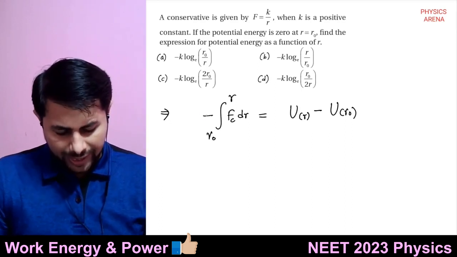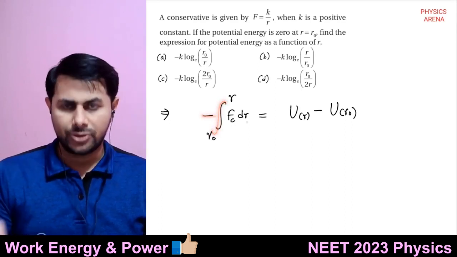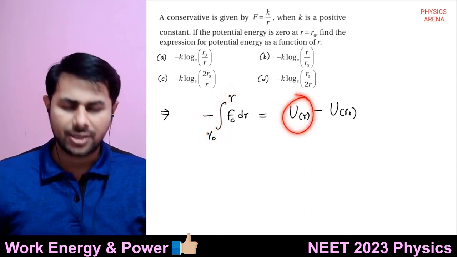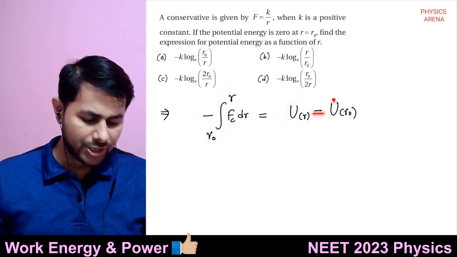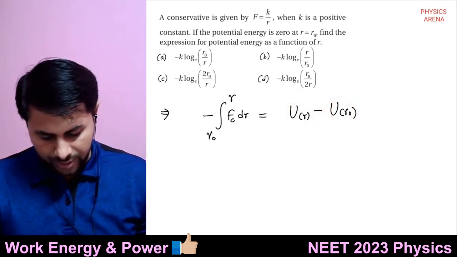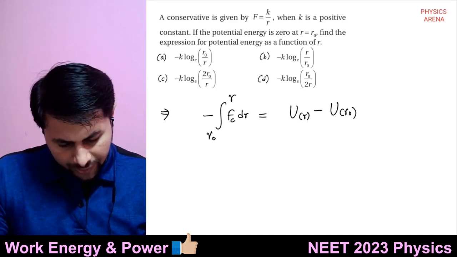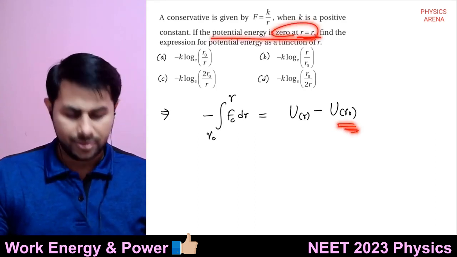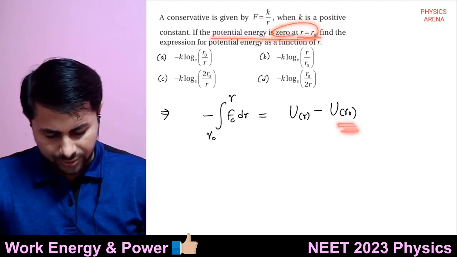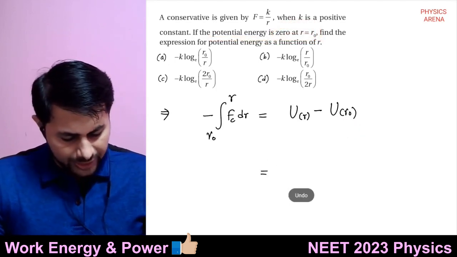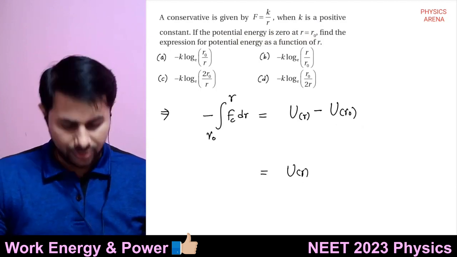So minus of the integral of conservative force from some initial to final value gives us potential energy at the final value minus potential energy at the initial value. Okay, this we know. And they have given that the potential energy at R equals R naught is 0. So the second term is 0, right? So we get U of R only on the right hand side.